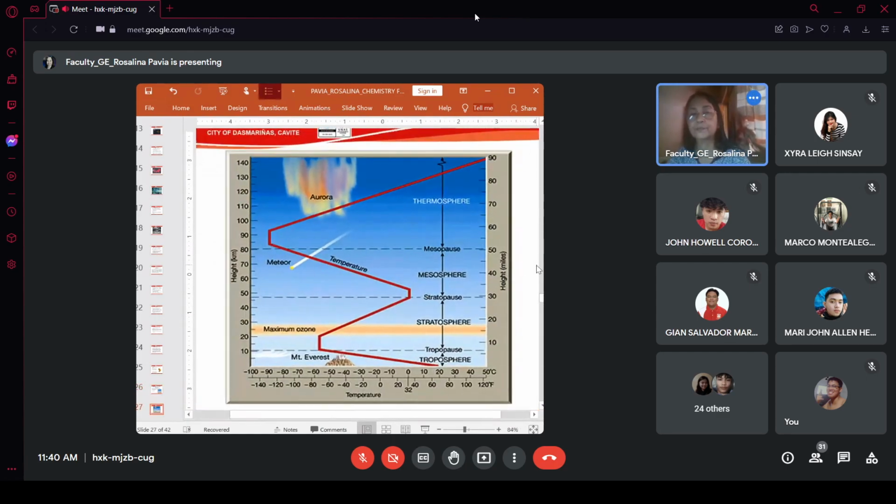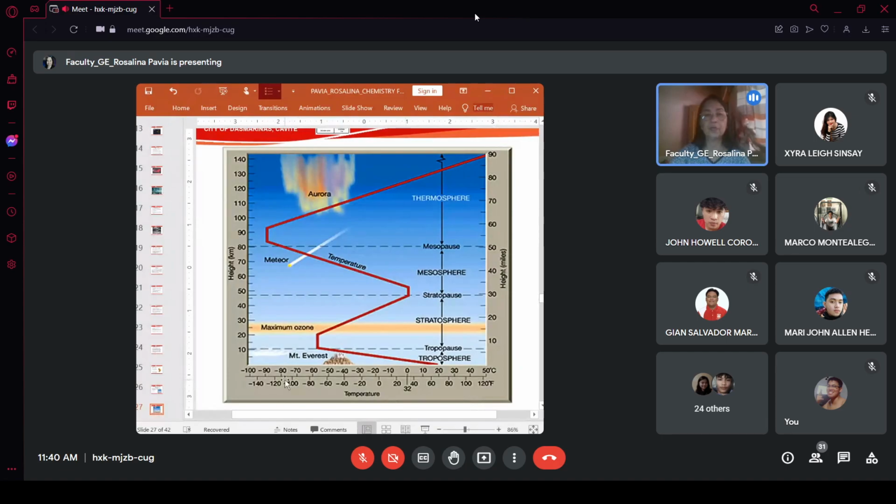Ayan. So our base point here is the foot of the Mount Everest. Sea level tayo, above sea level, and comparing it with the foot of the Mount Everest, here we can find now the troposphere, which is about 10 kilometers above the surface of the Earth.